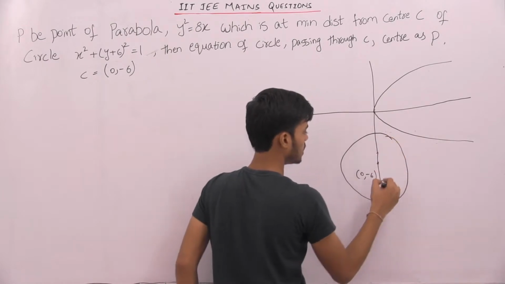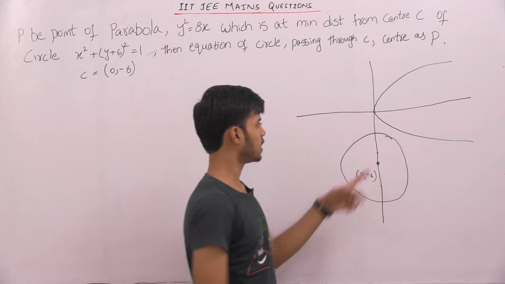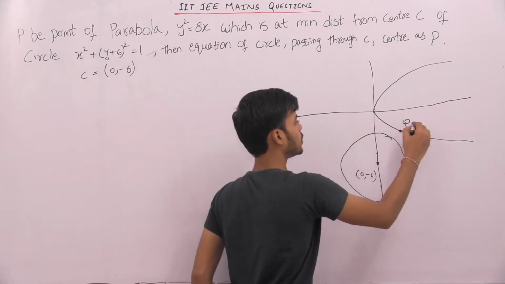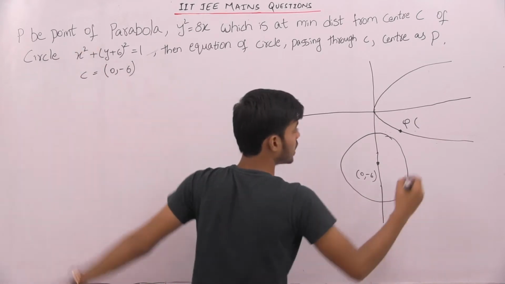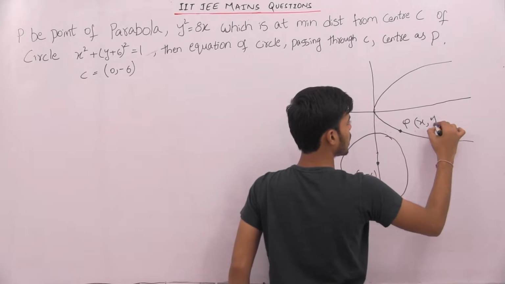So assume this is the circle and the nearest point to this center has to be somewhere here, and we assume this as P, the given point P, let it be some (x, y).